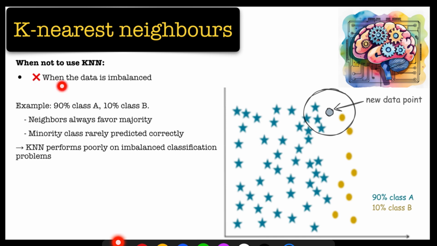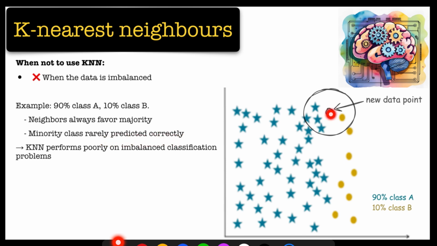When the data is imbalanced, we should also not use KNN. Let's say this is one more example. Here we have 90% class A and only 10% class B. Neighbors always favor the majority, so the minority class is rarely predicted correctly.